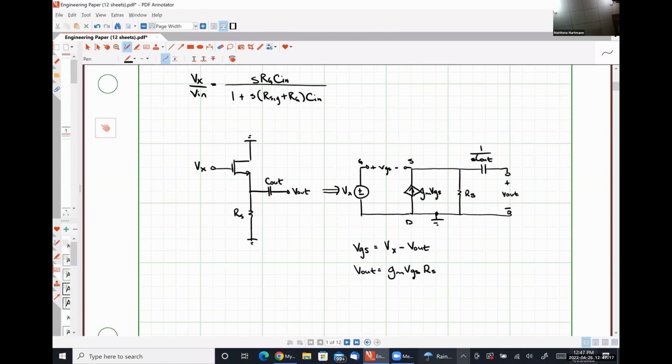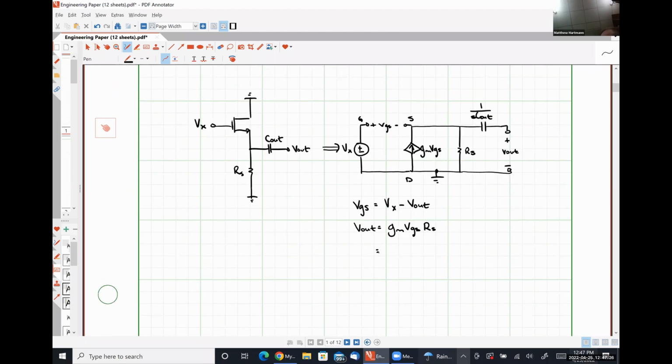All right, so from here, I can simply substitute in my first relationship. And so that's going to look like gm RS times (Vx minus Vout). And now what I'm going to do is simply move all of my Vout terms to the left-hand side of the equal sign. So that's going to give me Vout times (1 plus gm RS) is equal to Vx times gm RS.